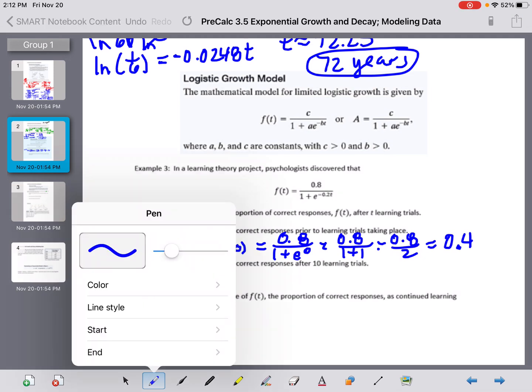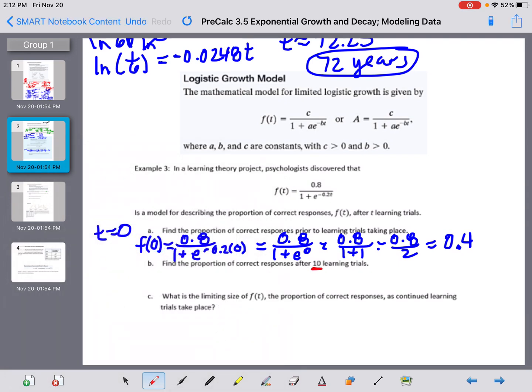So let's go and do the next one, which says, what if you've learned about it 10 times? Okay, so I have f of 10. I'm getting 0.8 over 1 plus e to the negative 0.2 times 10. Okay, gives me 0.8 on top.